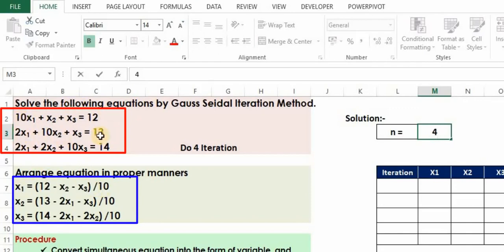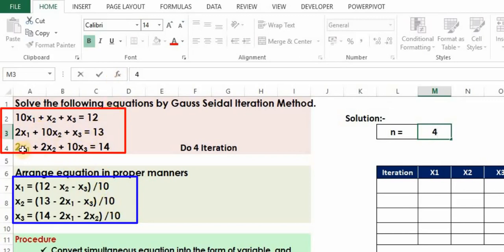Similarly, arrange the other equations. For the second equation, we focus on the second coefficient, x2. On the left hand side, 10x2 is equal to 13 minus 2x1 minus x3, divided by that 10 for the whole term.